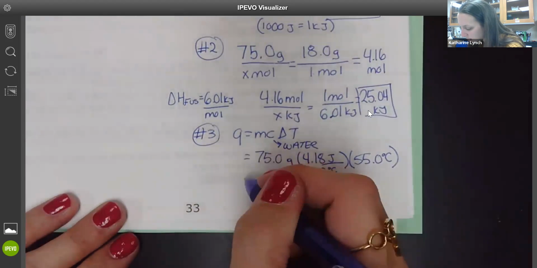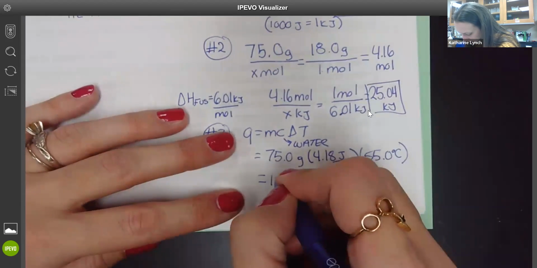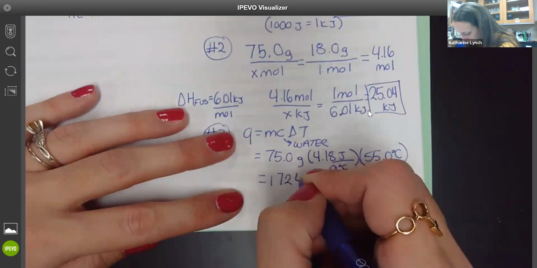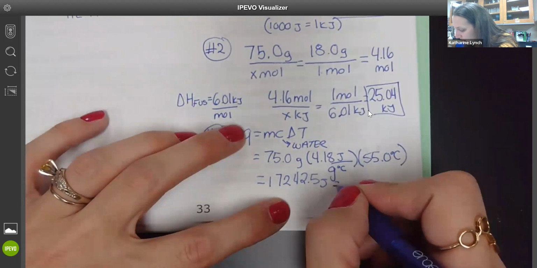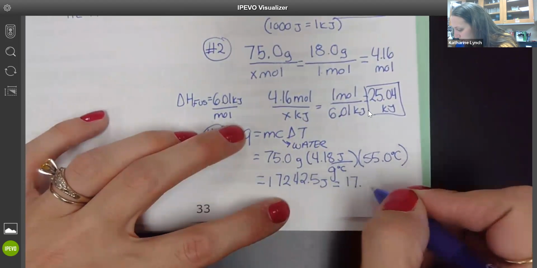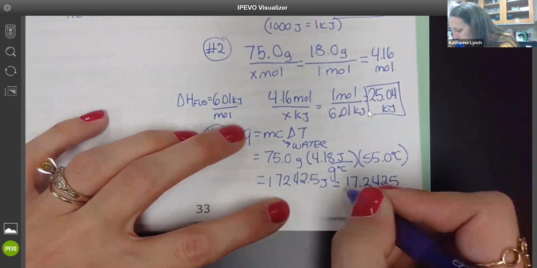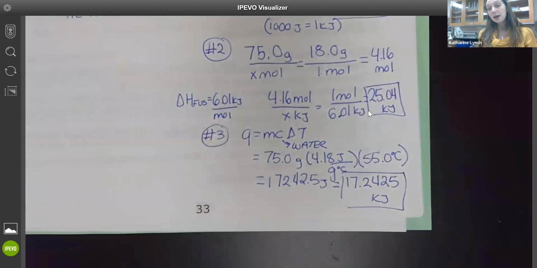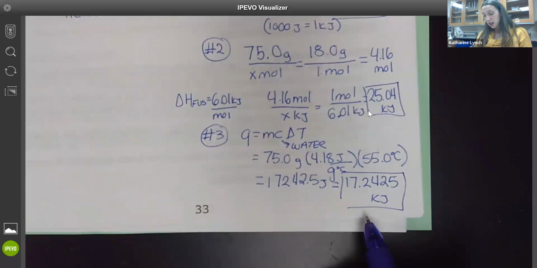That will give me, in a unit of joules, the answer of 17,242.5 joules of energy, or that equals 17.2425 kilojoules. Move that decimal 3 places over to the left. That's a whole lot of energy to raise that ice cube 55 degrees.